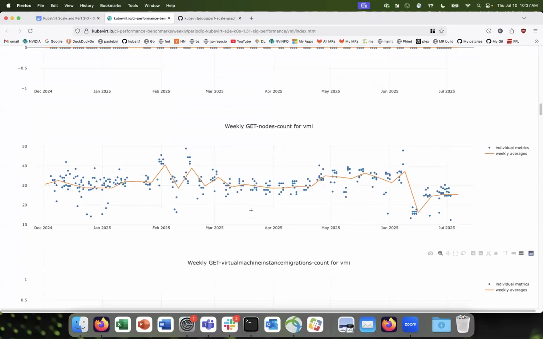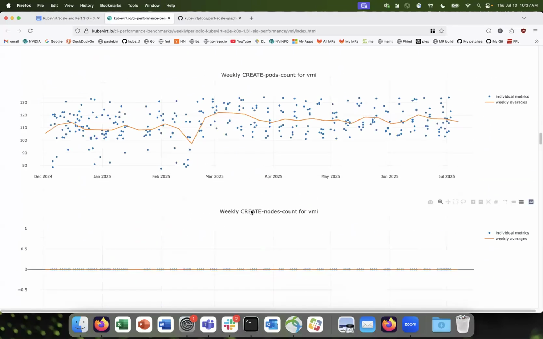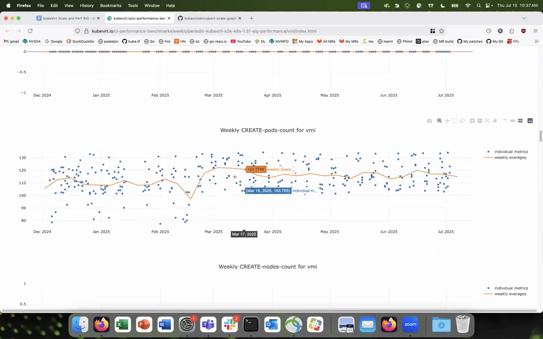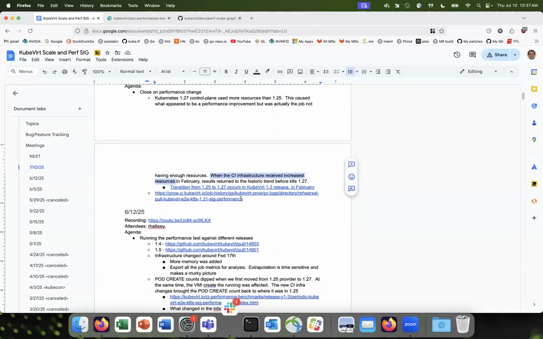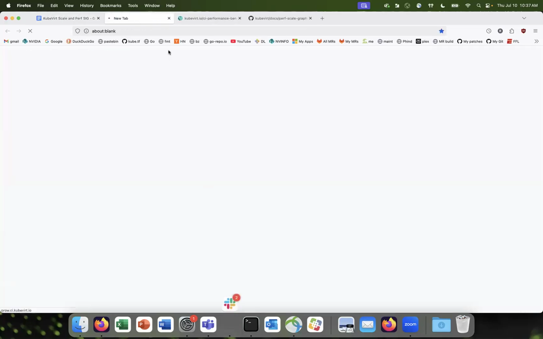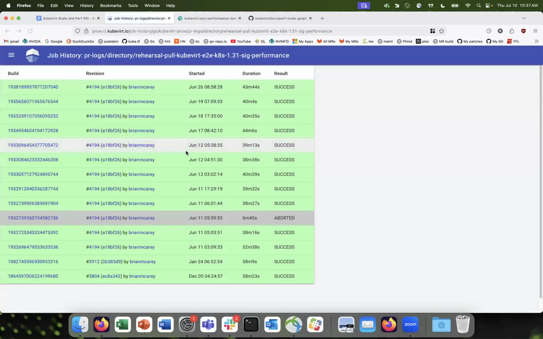Yeah, Lubo, go ahead. So hopefully I shared the link with you about the rehearsal runs. We should review these, because basically we increased the memory for the job and tried a couple of times to run this. That should make sure that there are fewer workloads on the node at the same time.